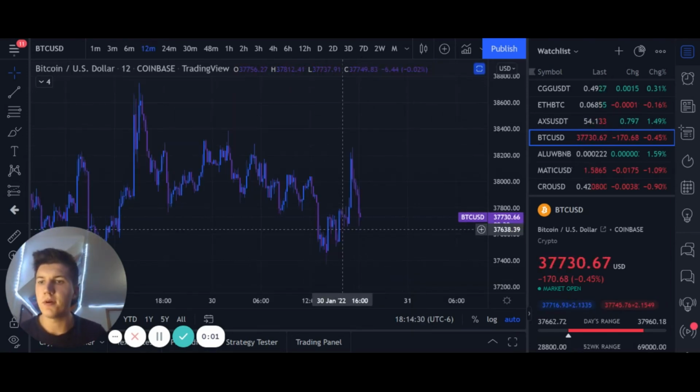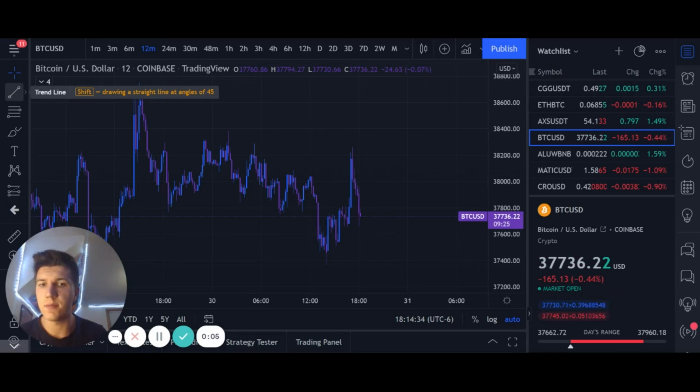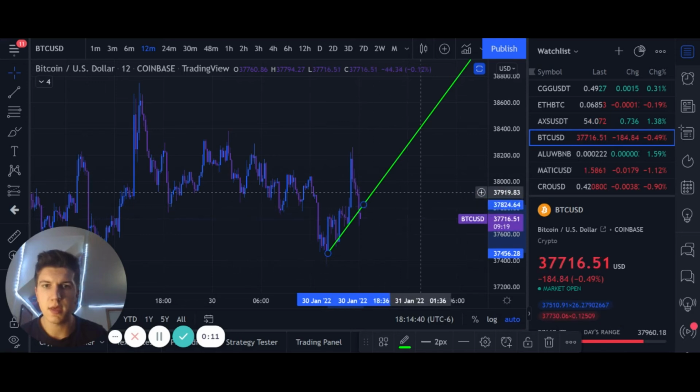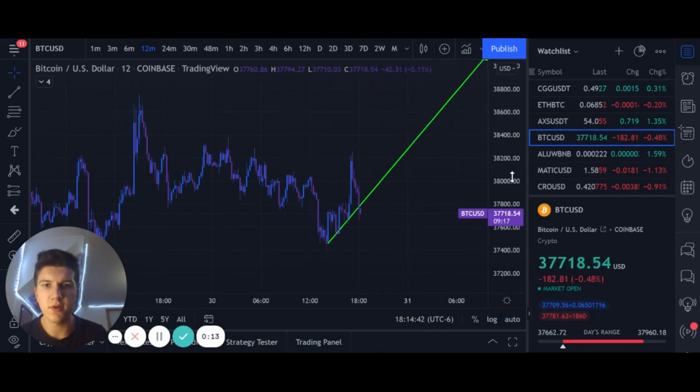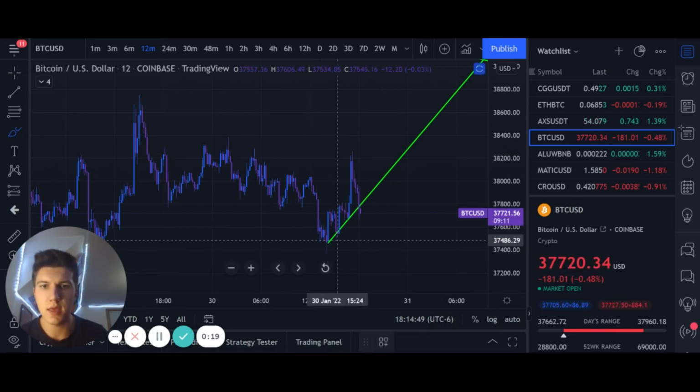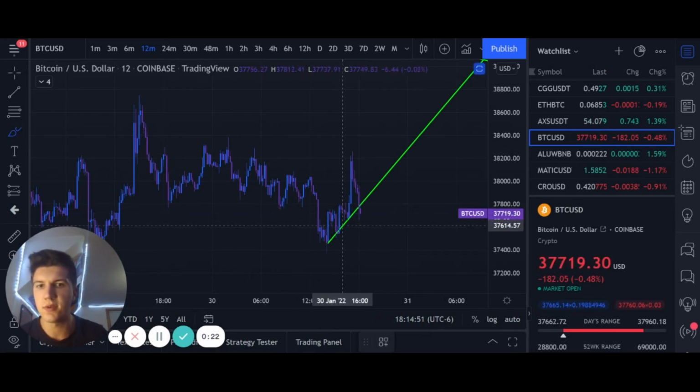Now let's take a look at using a trend line on a smaller time frame. For example, right here, we can use a trend line to mark a place where we are making a higher high, in other words, and price is touching it as support.